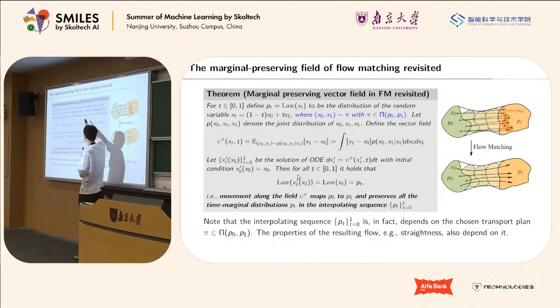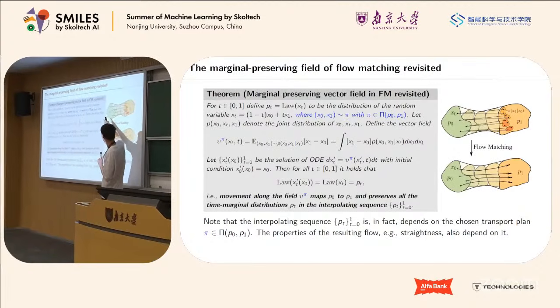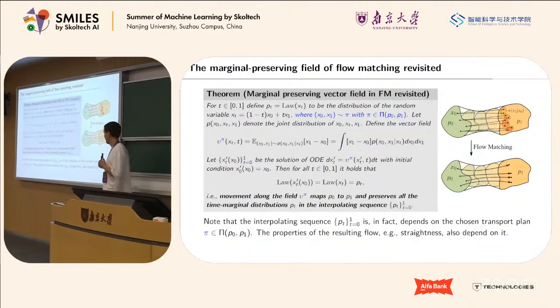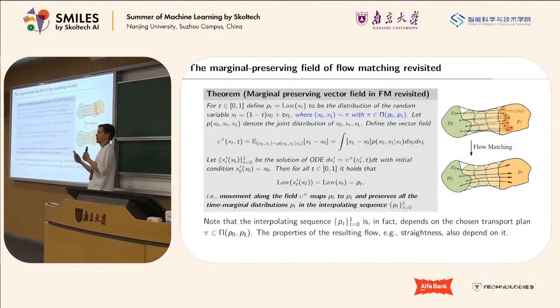Now we can take pairs with any dependence between them, which means that this joint distribution of x0 and x1 satisfies the property that the distribution of x0 is exactly p0 and the distribution of x1 is p1. And you can train your model. So what will change when we use arbitrary dependence between pairs from the input and target distributions? In fact, the interpolating sequence of distributions will change.